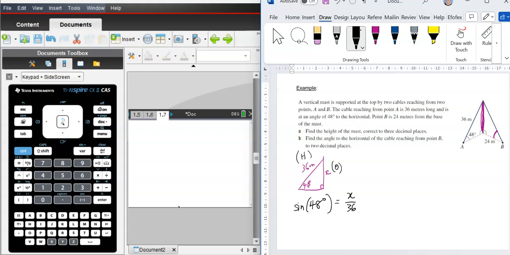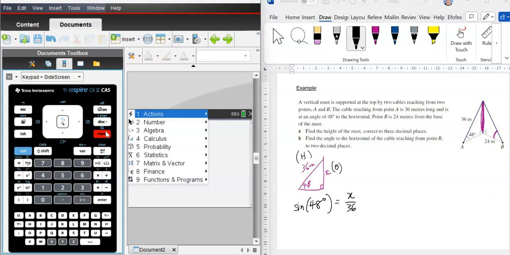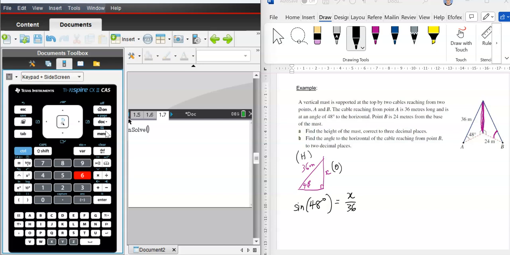And you would just then use your calculator as usual, menu 36 to get the numerical solve, and then we would type in obviously sine of 48 is equal to the fraction template and x over 36, and we solve that for x.